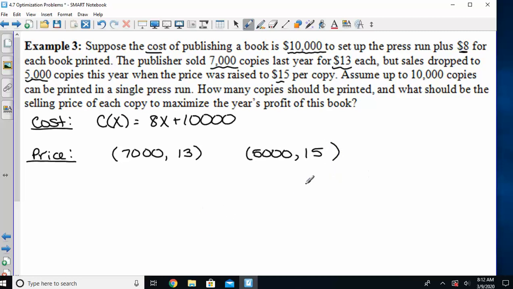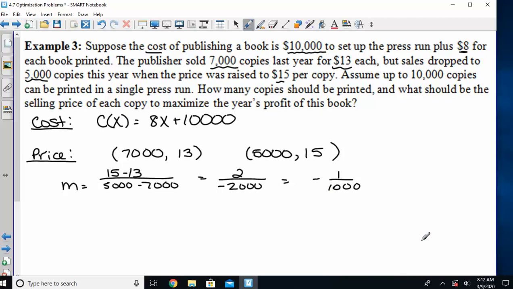Then we should all know, how do we write our equation from here? Y2 minus Y1 over X2 minus X1. So my slope is negative 1 over 1,000. Now you pick your slope at one of your 2 points and plug into y equals mx plus b.